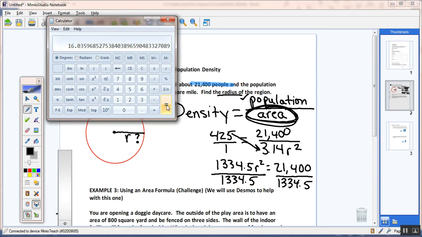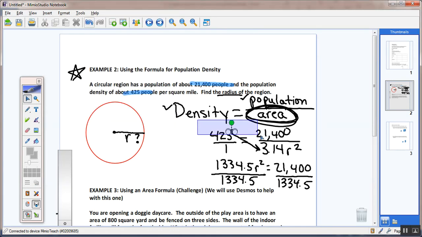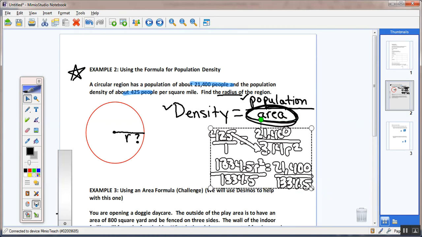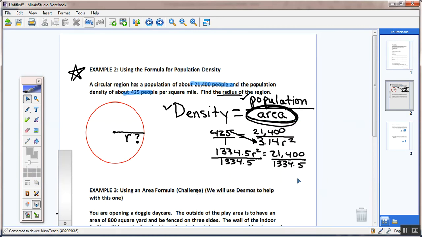So that means that r squared is going to be what value here, kids? Careful on that, after you divide. Watch this real quickly. Let me make a little room up here. From that step, these are going to cancel. I'll have r squared is about 16.03. Kids, to get r alone, what's the inverse operation of squaring?